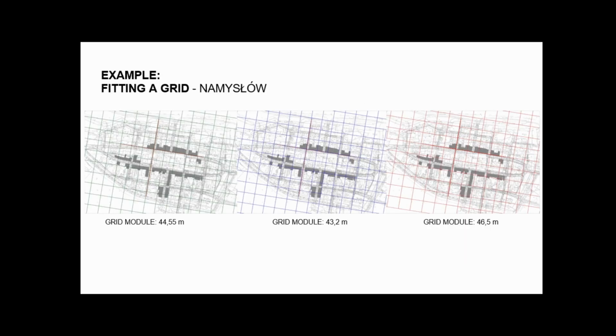So maybe you don't see very well, especially the ones which are very far. But here are the 3 proposals of grid. The first one is based on the foot which is 0.296 exactly.